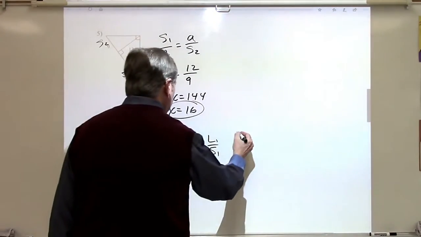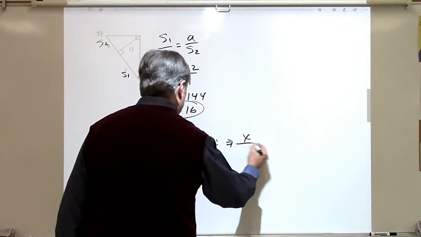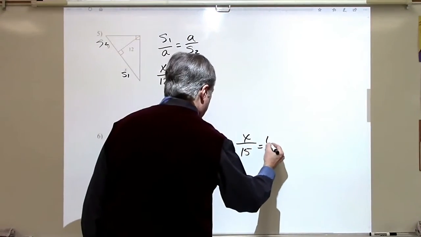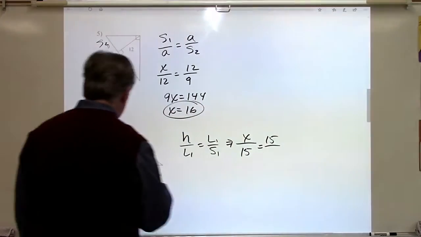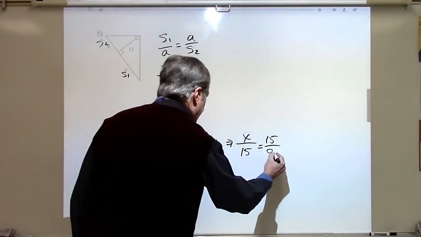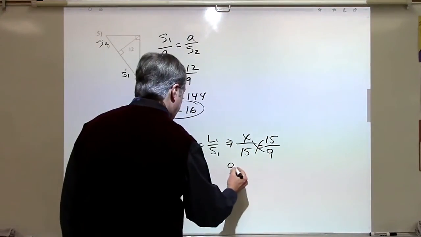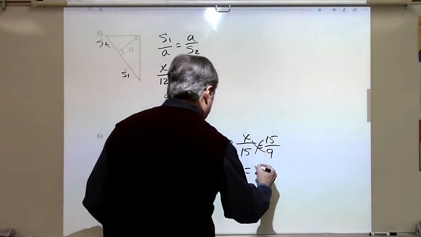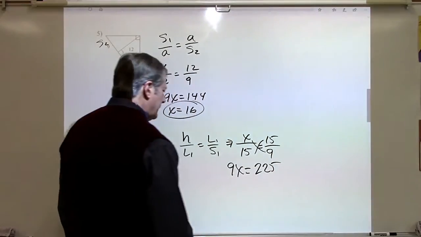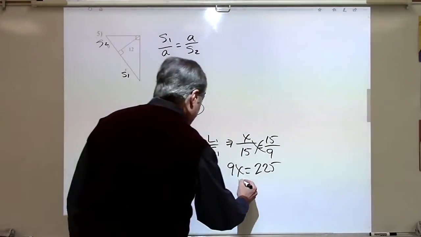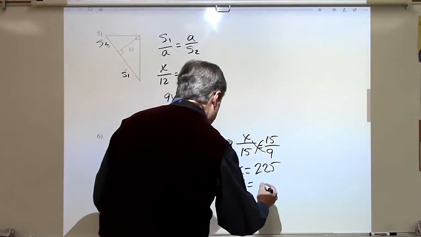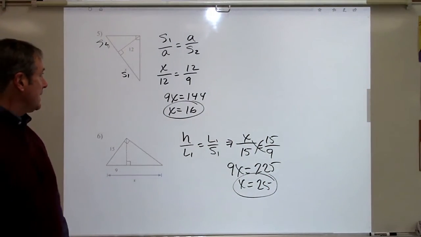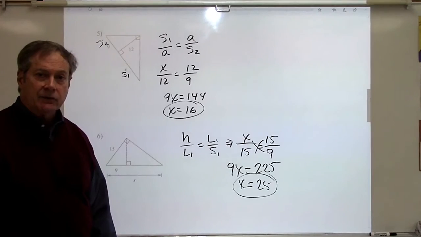The hypotenuse is x, leg 1 is 15, and that'll be the same as 15 compared to its corresponding segment, 9. Cross multiply, we get 9x is equal to 225. Divide both sides by 9, and x is 25. And there you have numbers 5 and 6.